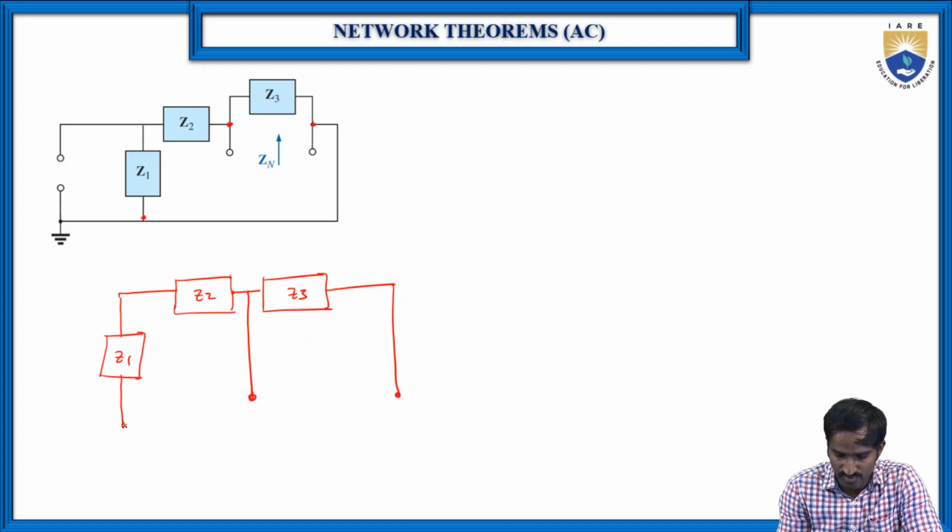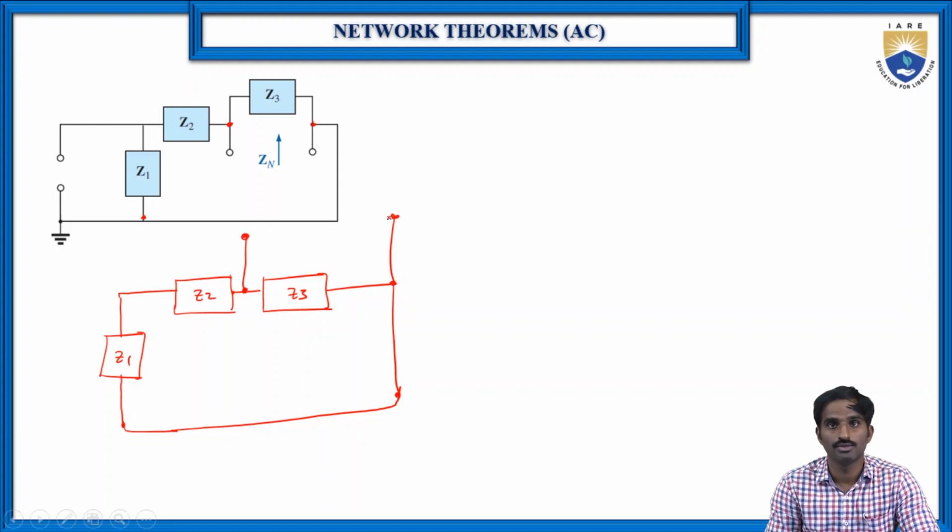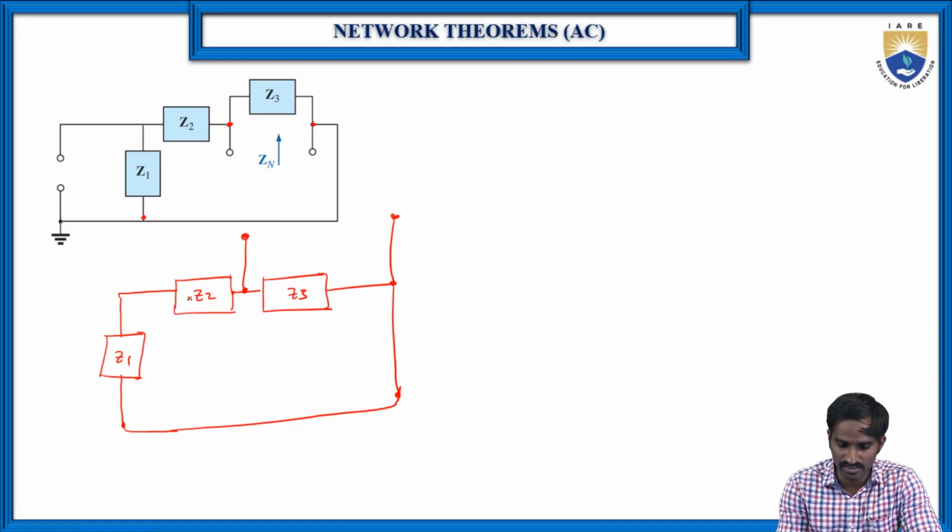Which means these two are in series. Let me connect this terminal to this one, and then find across these two terminals. Here Z1 and Z2 are in series, and this series combination is parallel with Z3.